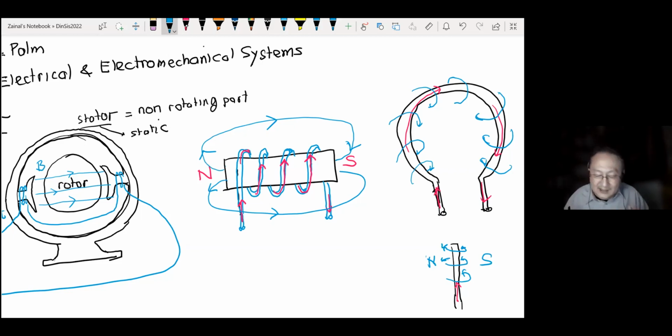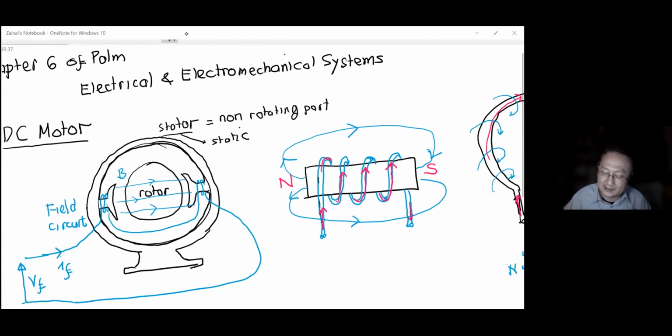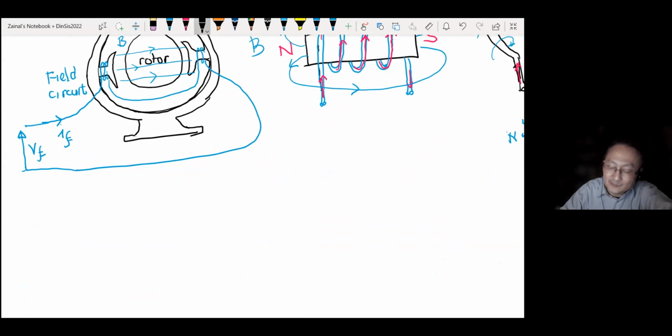So basically with a coil, if we inject current, we can have magnetic flux B. Now, when we already have B, something like this one.